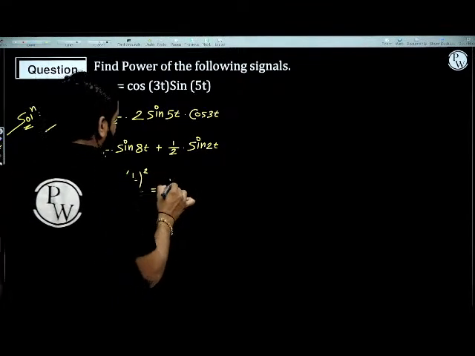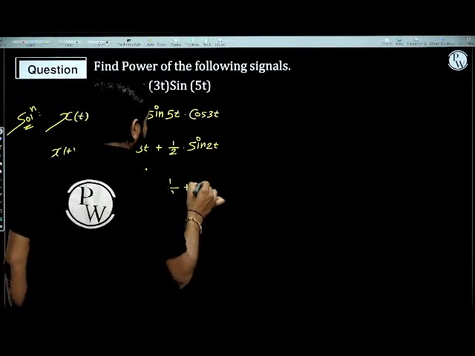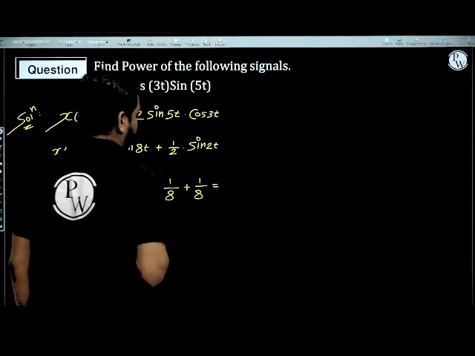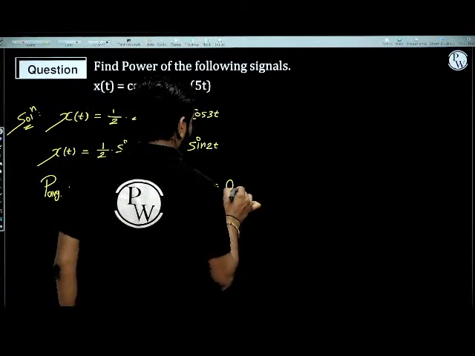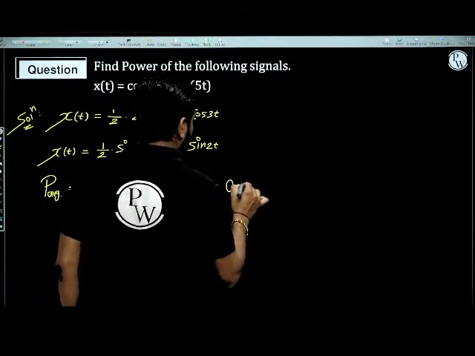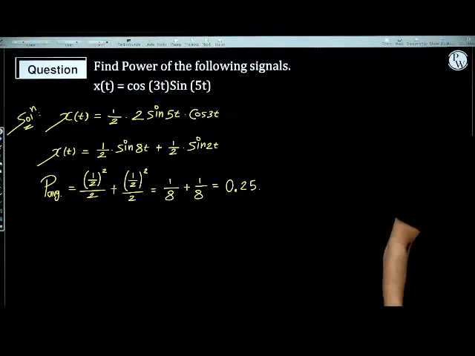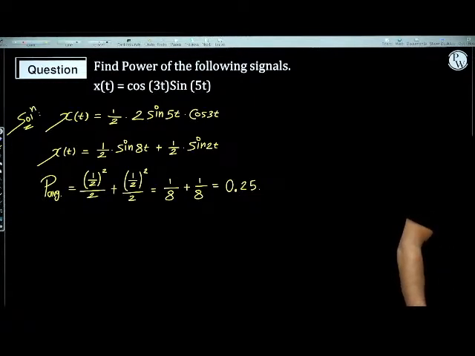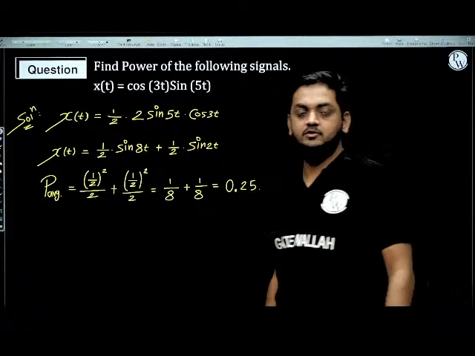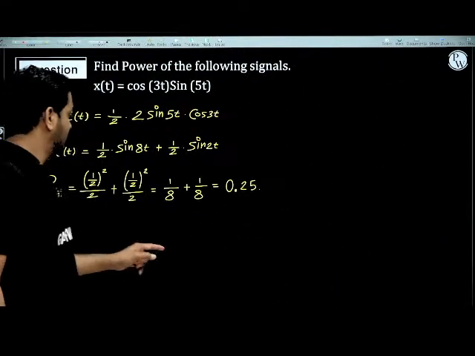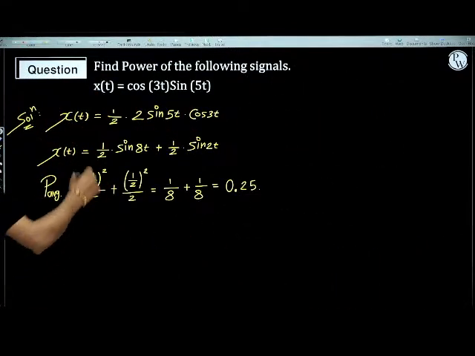So it will be 1 by 8 plus 1 by 8, which is 0.25. Done? 0.25 is the correct answer. So in this way we can calculate the power of this type of signal.